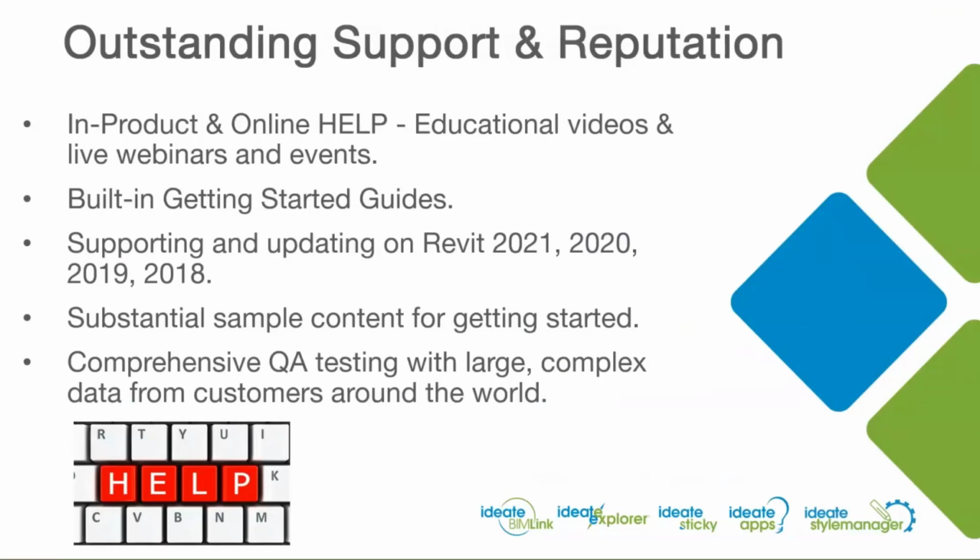Everything you see today, we just released ID8 Explorer in May of 2020 to be compatible with Revit 2021, but we also updated it on Revit 2020, 2019, and 2018. So all of the latest and greatest features are available for the last 4 releases. Then we do testing on large projects all around the world.